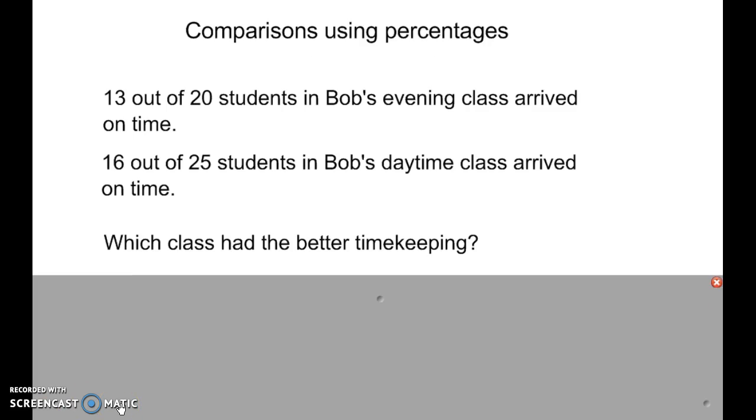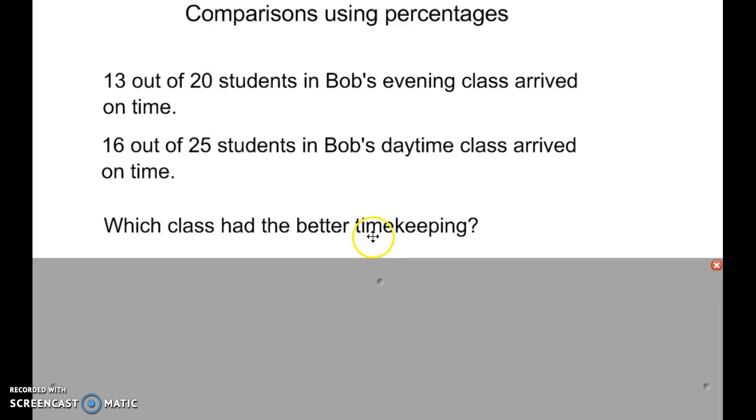Comparisons using percentage. This is something you might see in a GCSE question. Evening class, 13 out of 20 students arrived on time. Daytime class, 16 out of 25. When we're trying to compare amounts that are out of a different total, percentages are ideal for this.